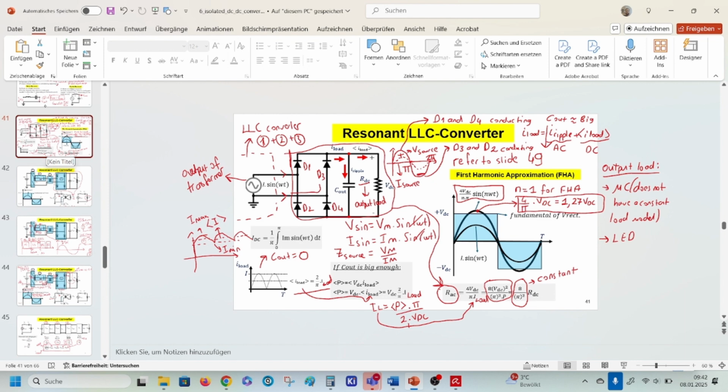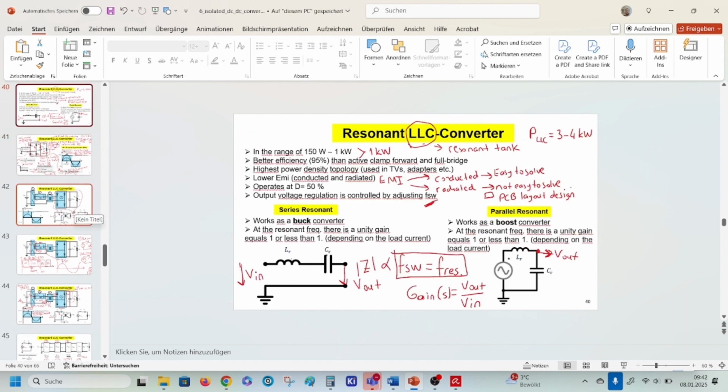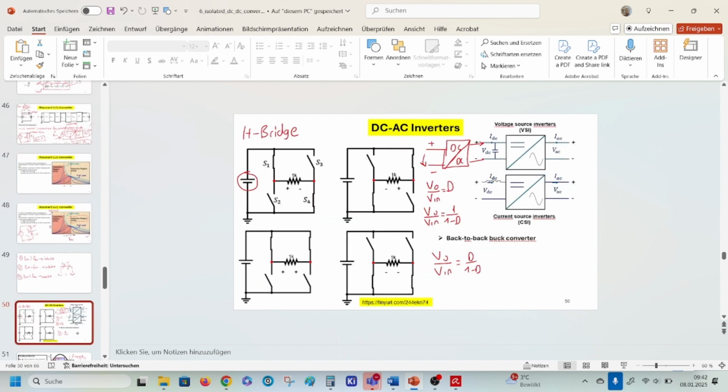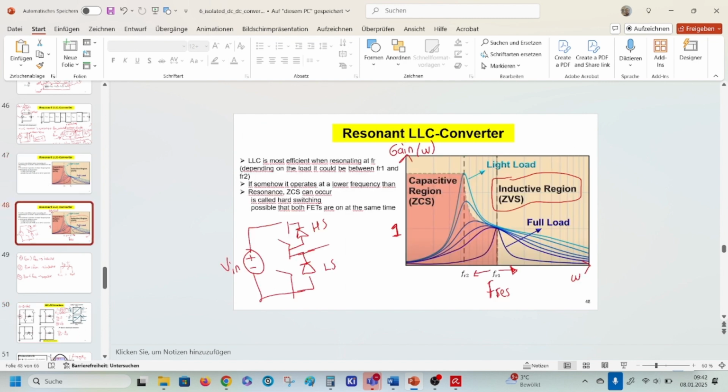Where was it? Not here. Maybe in the last lecture. There was a quality factor of our circuit, it was like this.